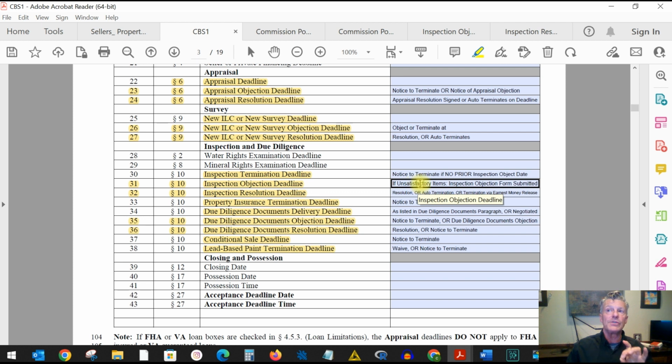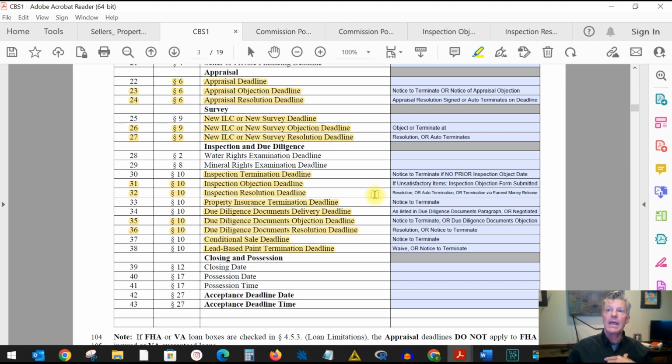If this says January 2nd and you don't send it over till January 3rd, what does that mean? It doesn't really exist. On January 2nd, at the end of the day, you waived your right to object, okay? And so you send over the bad news to the seller and say, dear seller, we'd sure like to get this fixed. And the seller and you will work out some stuff, hopefully.